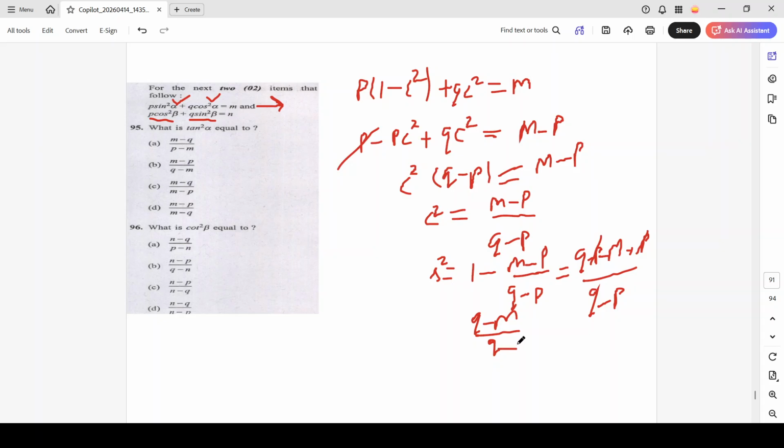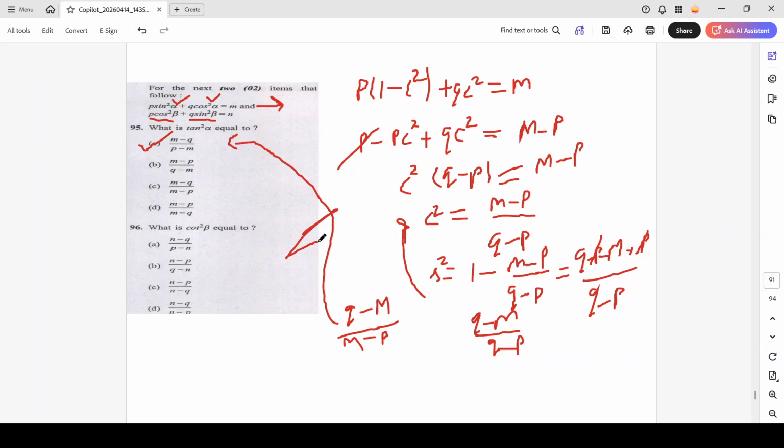What is tan square alpha? Sin square alpha upon cos square alpha. Then what will we be left with? Q minus M upon M minus P. If I just reverse this, putting the negative sign on both sides, it will become option number E, M minus Q or P minus M. These both are equal.